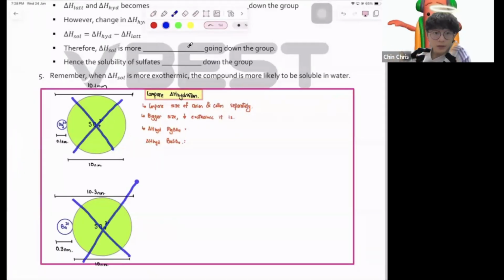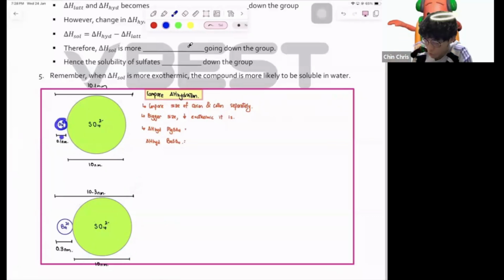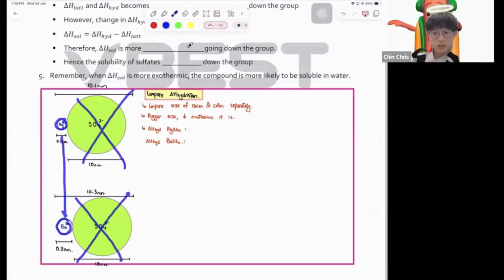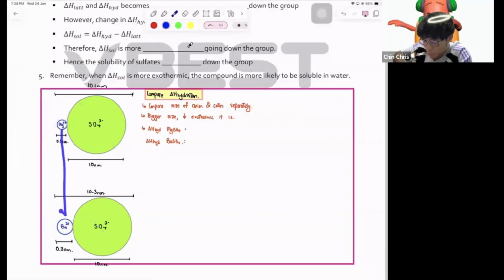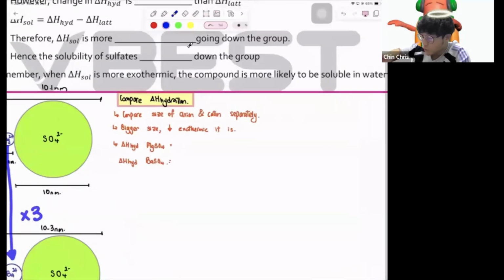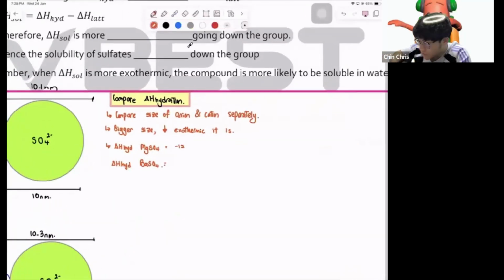Sulfate is the same. So what changes is just magnesium to barium, am I right? This part is not changing. Do you see that from magnesium to barium the size is almost 3 times, correct? So just imagine, let's say this is 1200, my barium is going to be negative 400.